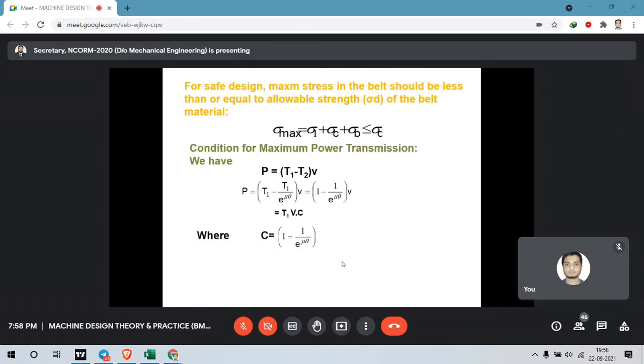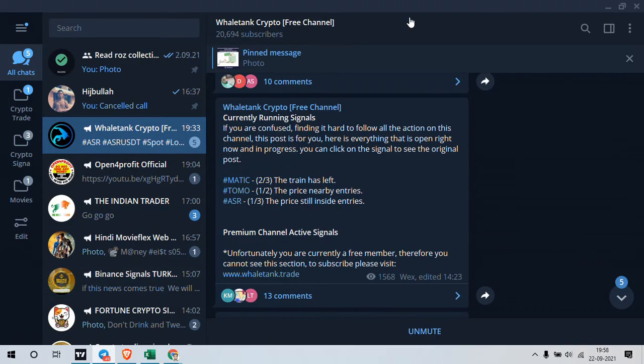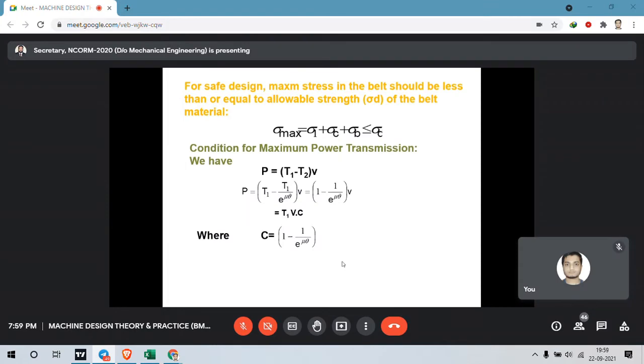For the safe design, the maximum stress in the belt should be less than or equal to the allowable strength of the belt material.